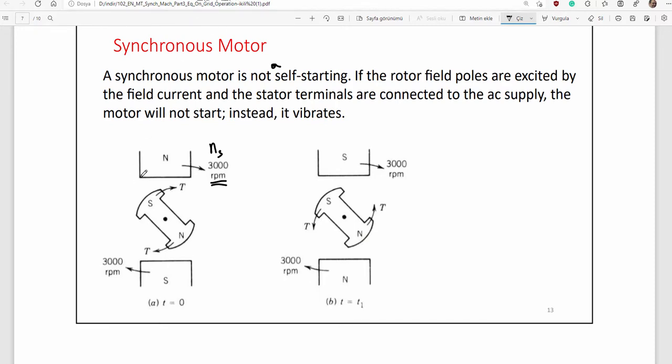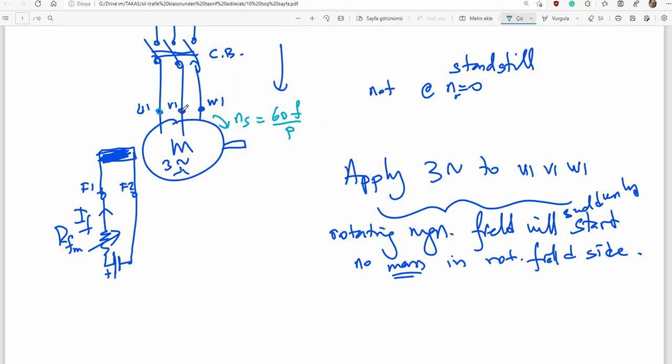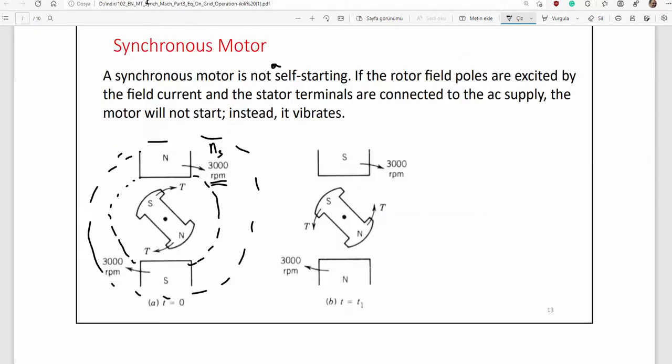In fact, here's armature, a machine armature or stator, and when you apply three-phase AC to armature winding, here there is a rotating magnetic field. Let's say machine has 2 poles and one pair of pole, and the synchronous speed is, let's say, 3000 rpm. Here you see rotating magnetic field speed is 3000 rpm.